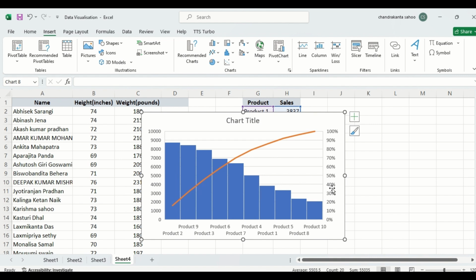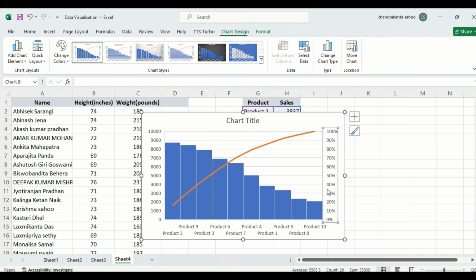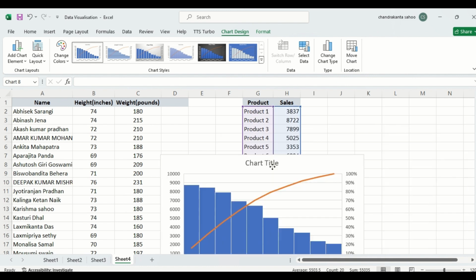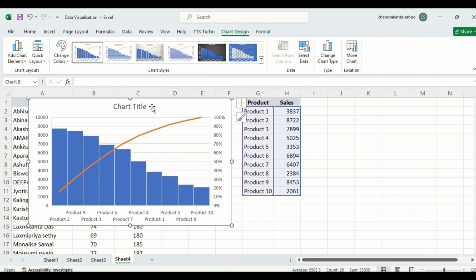You can see around 45% of the sales are coming from these first three products. First three means it is 2, 9 and 3. You can see around 45% it is coming.